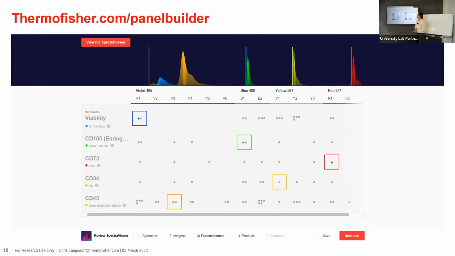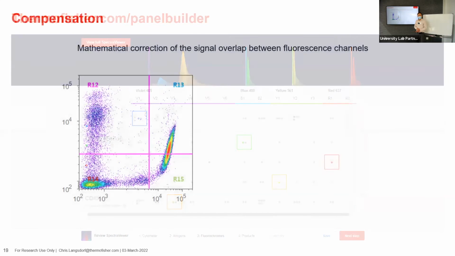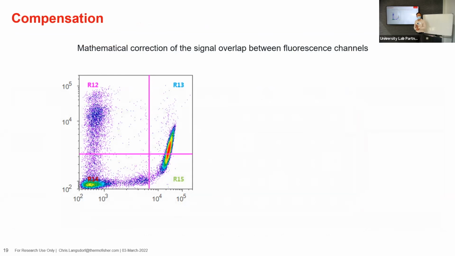Let's see. Should we talk about compensation briefly? Yeah. So dyes are fairly well behaved, meaning that if you have a channel on your flow cytometer, we try to design a dye so it fits well within that channel and doesn't show up in the other channels on your instrument. But they're not always perfect.